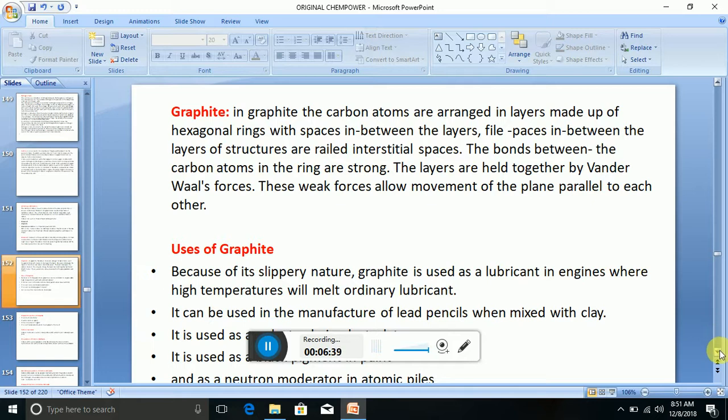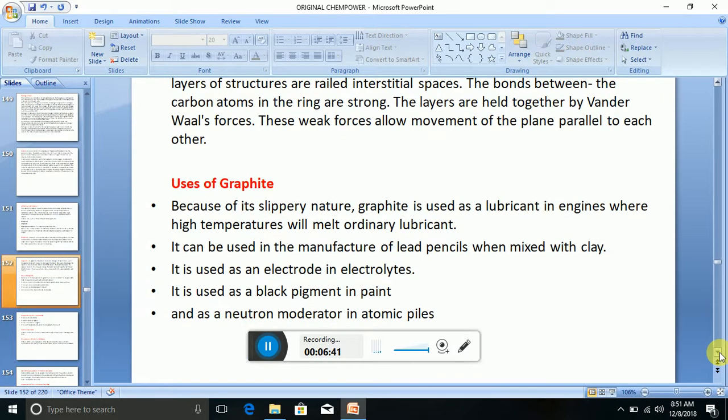Uses of graphite. Because of its slippery nature, graphite is used as a lubricant in engines where high temperatures will melt ordinary lubricants.